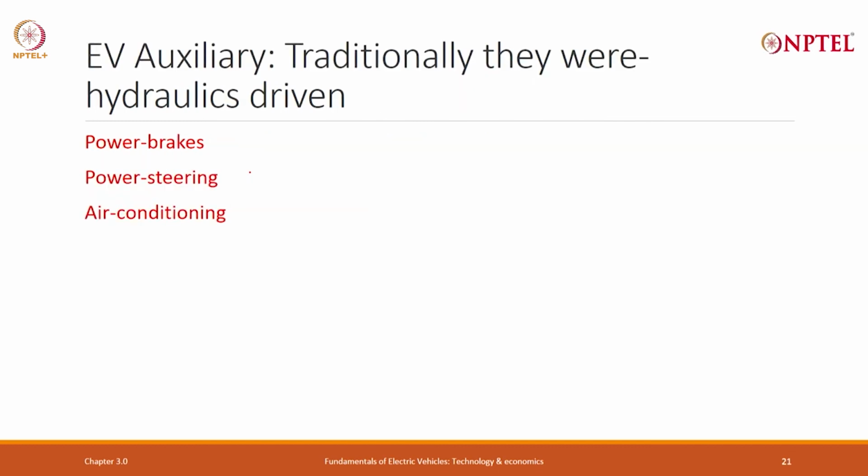There are 3 other units I have been talking about: power brakes, power steering and air conditioning. Generally all these 3 things used hydraulics and mechanical systems. It used to be that fuel drove the engine, that would generate mechanical power, and using hydraulics it would control brakes, steering and air conditioning.